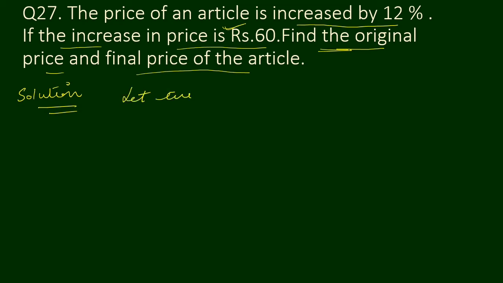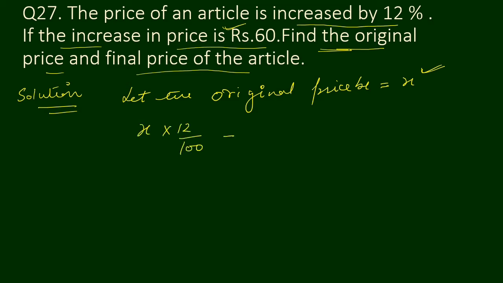So let the original price be x. Here I am going to solve the question using x. The price is increased by 12%, and the increase is given as 60.